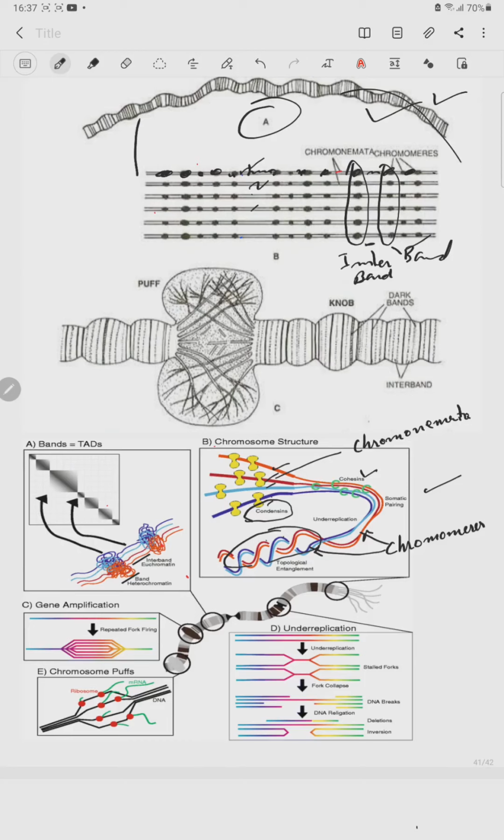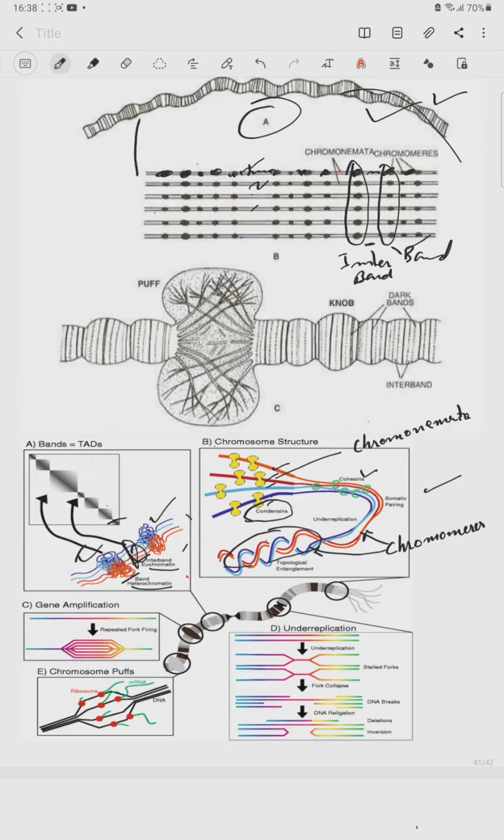It is called interband, and this one is band. Interband is euchromatin, and the band region is heterochromatin. These band and interband structures are easily observed under the microscope.